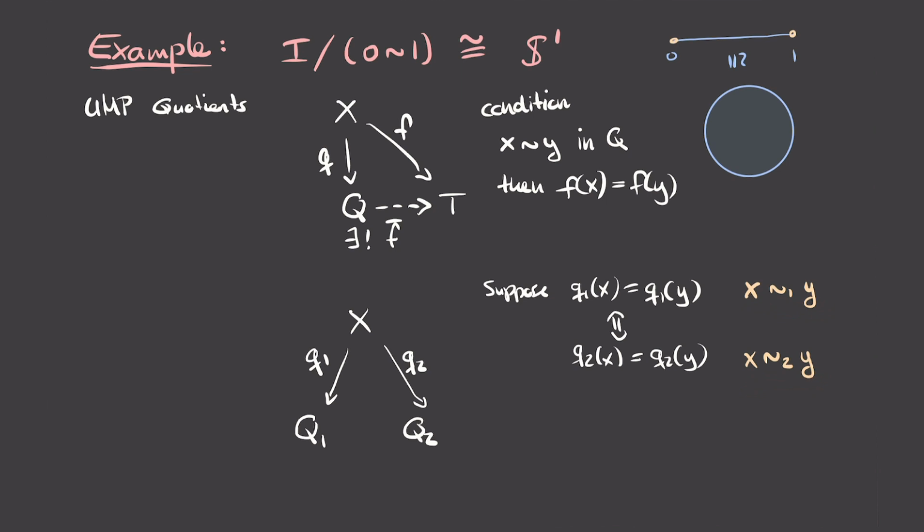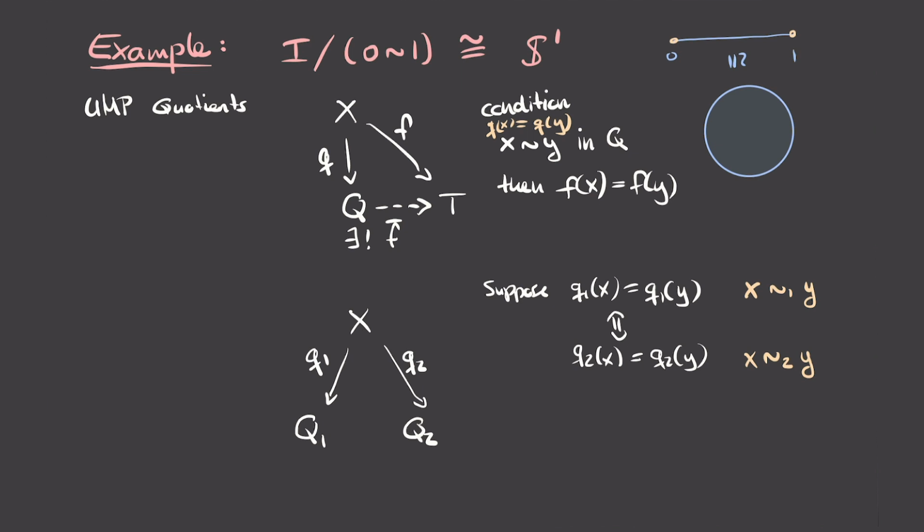Okay, now if you compare this to what we had above in the condition we need in order to apply the universal property of quotients, it's basically the same thing but going in both directions. So I've sort of mixed notation here, so I wrote X equivalent to Y. This basically means that Q of X is equal to Q of Y. So these are just two different ways of thinking about what quotient maps are doing.